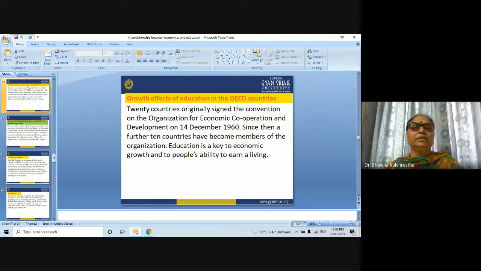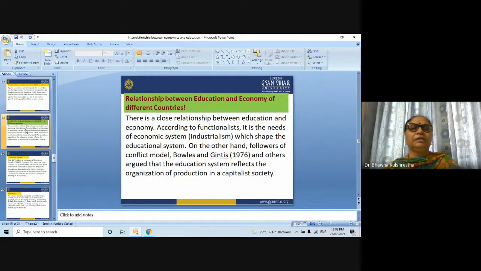The next point is the relationship between education and the economy of different countries. There is a close relationship between education and economy. According to functionalists, it is the needs of the economic system, industrialism, which shape the educational system.